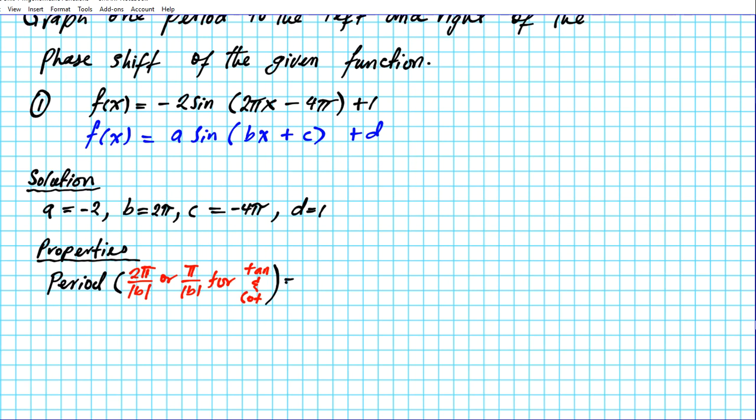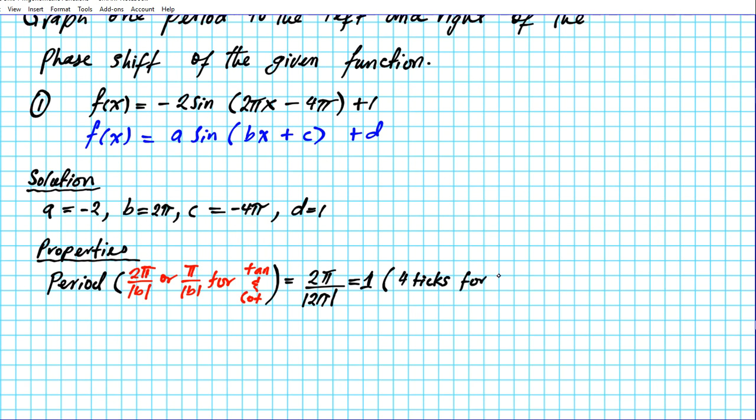Now let's apply this formula to this situation here. We have 2 pi over the absolute value of 2 pi, and when you divide that, you end up with 1. Okay, so what does this tell us? It tells us that when we are calibrating our x-axis, you're going to have 4 ticks for the function you're graphing.